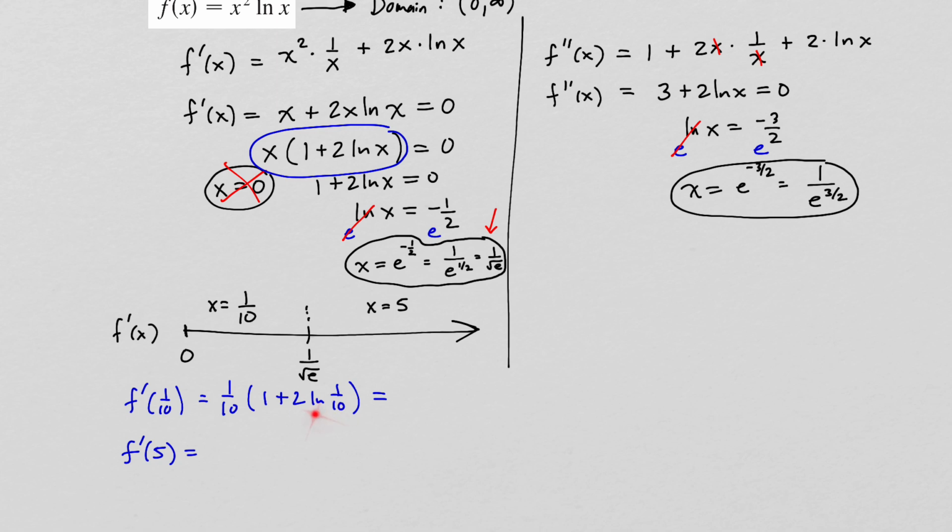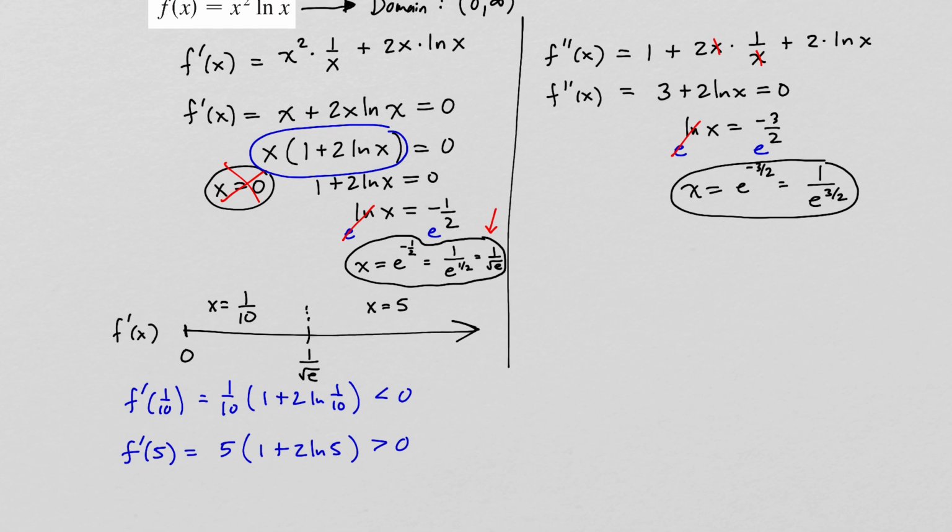But if you plug this into a calculator, I'll just tell you, you're going to get a negative value here. Okay, so this is going to be less than 0. And then when you plug in 5, you will get 5 times 1 plus 2 times the natural log of 5. This is clearly going to be positive. And this is because these are all positive numbers and they're all added together and multiplied together. So that's going to be a positive.